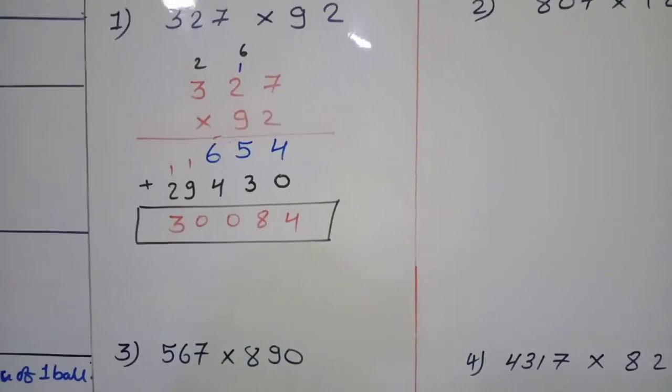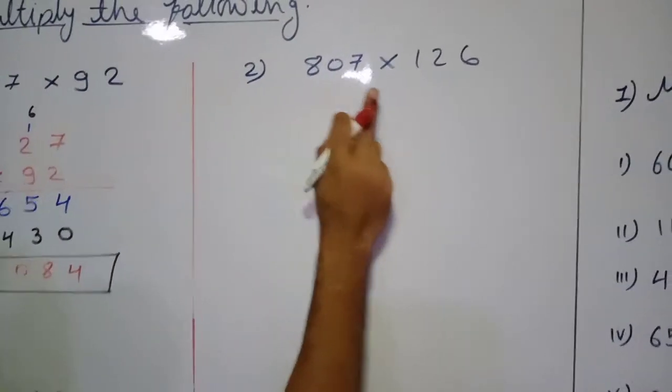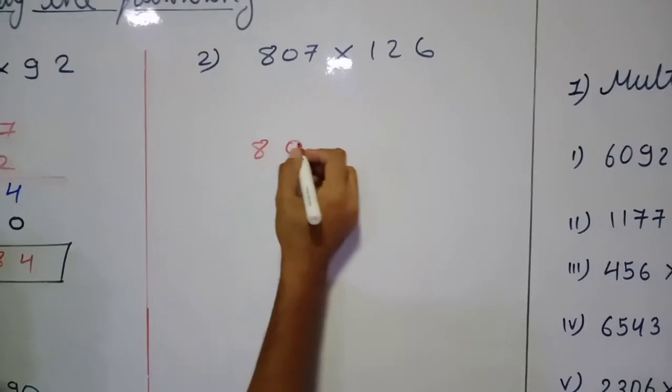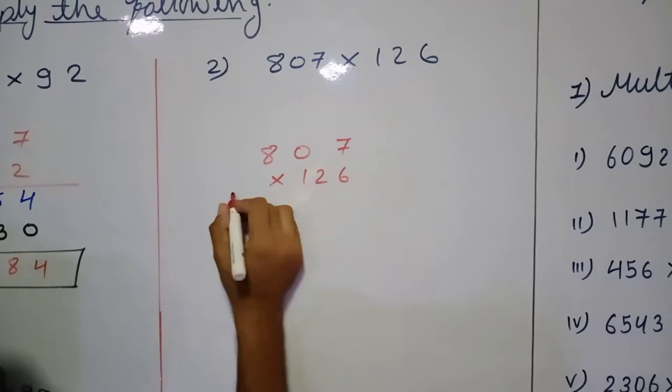Let's see the next one, that is 807 multiplied by 126. Let's arrange it. 807 multiplied by 126.